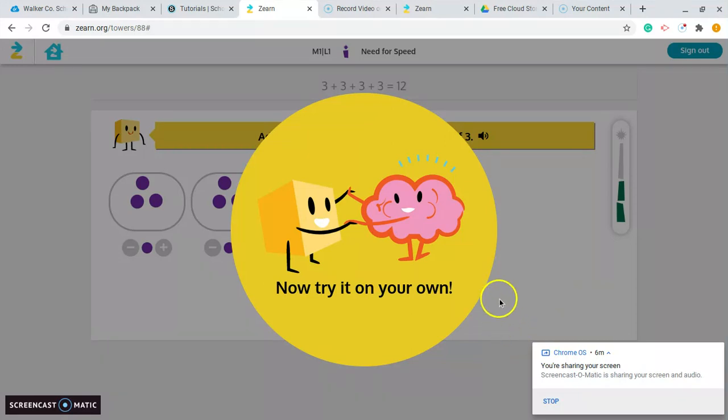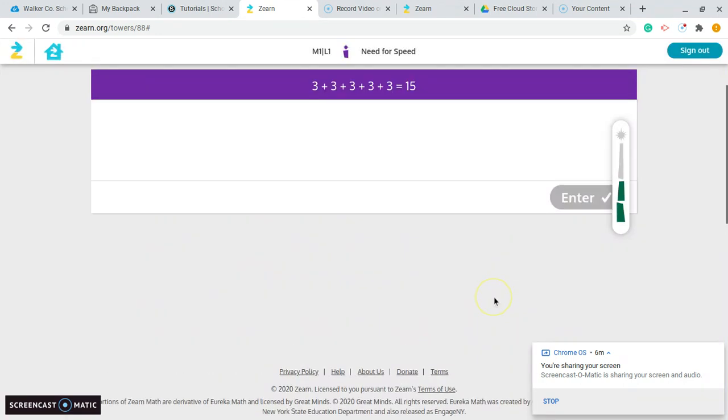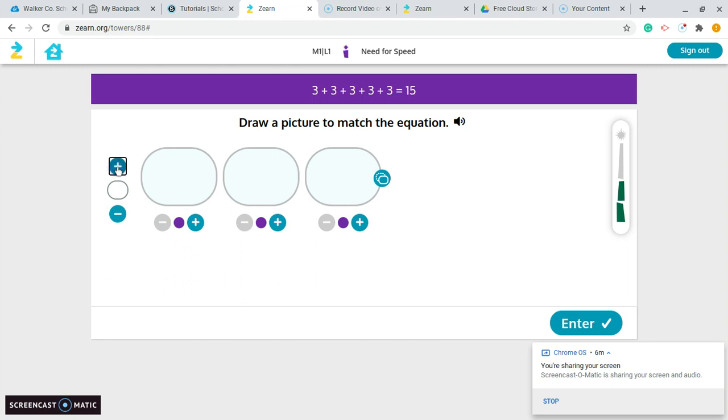Now it has you go back over it, and sometimes it may make you go back even further and reteach. So just remember that, and that's okay.